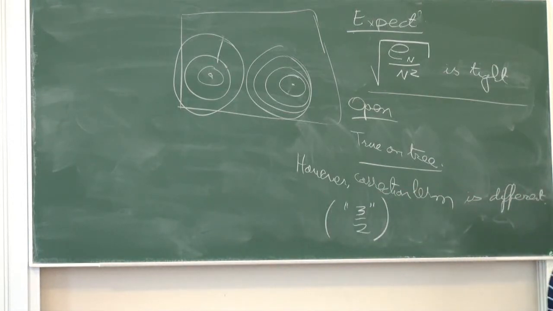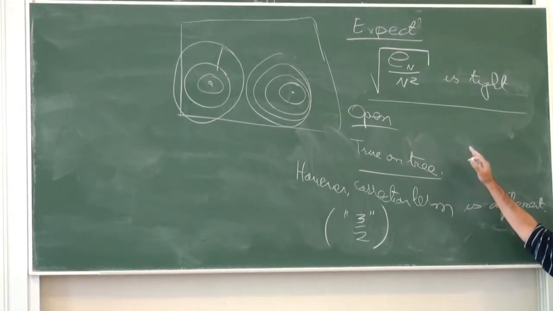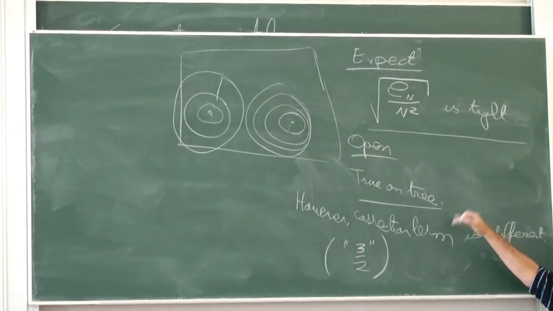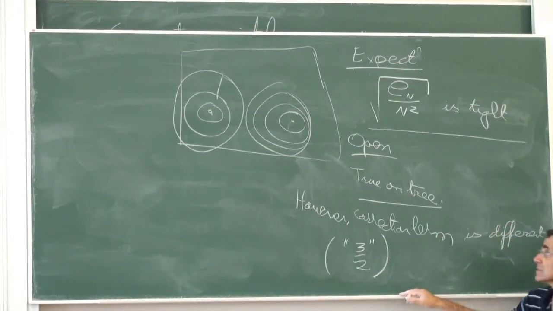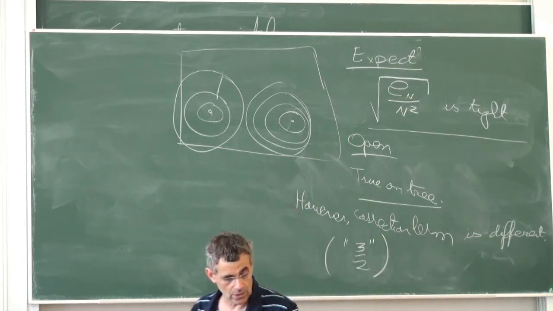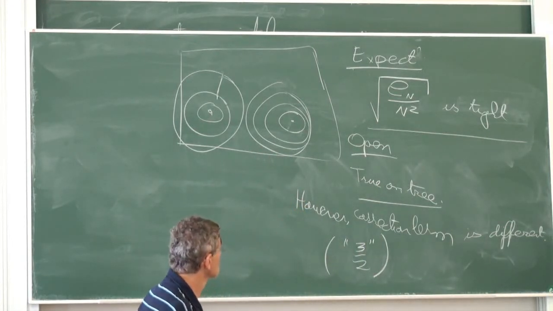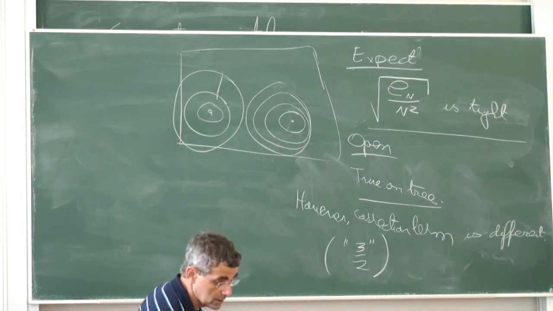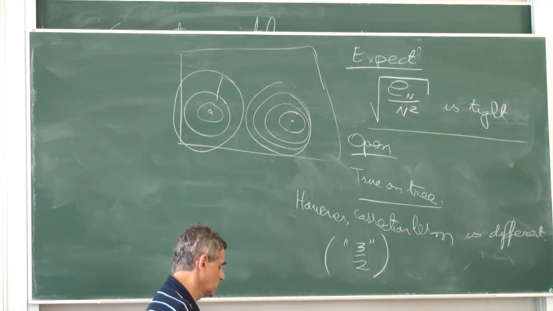For reasons that I can explain to whoever is interested, but I will not now. So there are analogies between these problems, but they're really not the same problem. And in any case, in the context of the cover time of the two-dimensional torus, the question is widely open. How tight are the fluctuations of order 1?